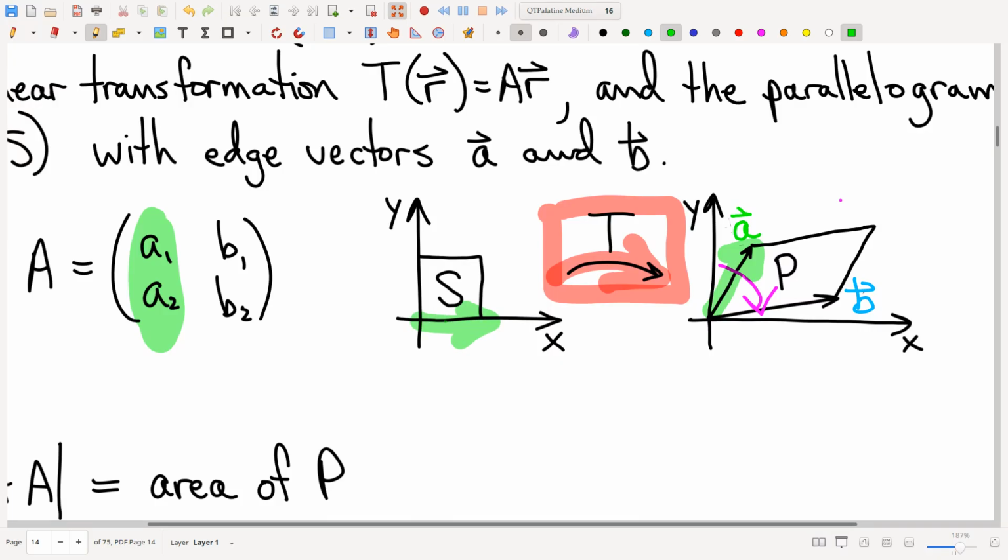Right? The first column is what you get when you multiply by 1, 0. You take 1, 0, multiply by this matrix, you get that first column, A1, A2. So green goes to green. And then likewise, the second vector is the second column, and the second column is the image of the second standard basis vector. So green to green and blue to blue.